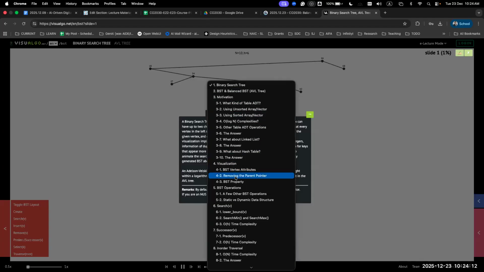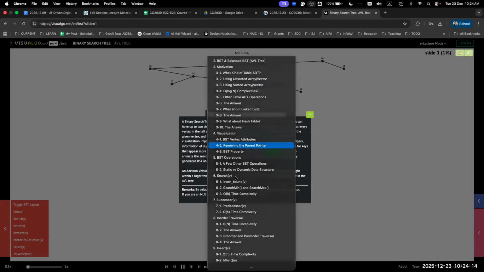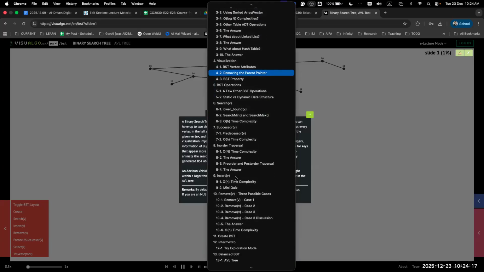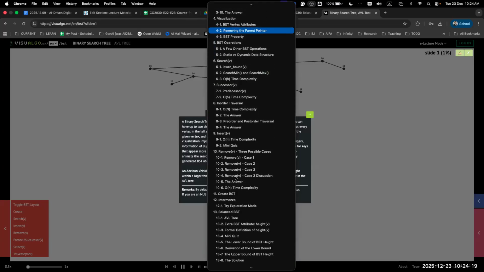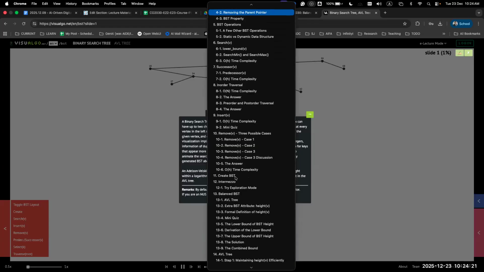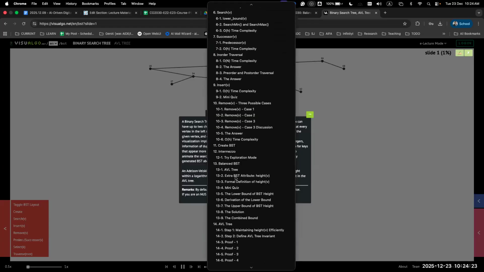How it works when you insert, when you remove, how you can search. They are nicely presented, even removing, one of the challenging parts I mentioned to you earlier in the last class. And then more details on the balanced binary search tree, which is the AVL tree, and even quizzes.